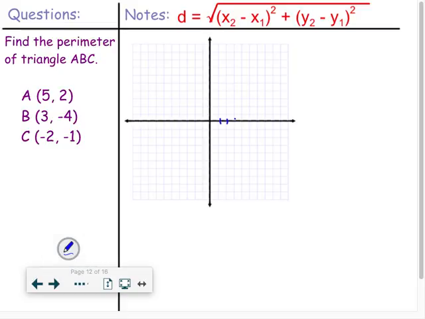So 1, 2, 3, 4, 5, and then 2. So A is right here, (5, 2), and then B is (3, -4). So (3, -4).